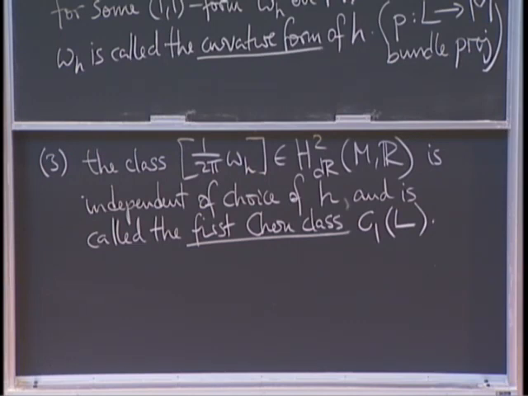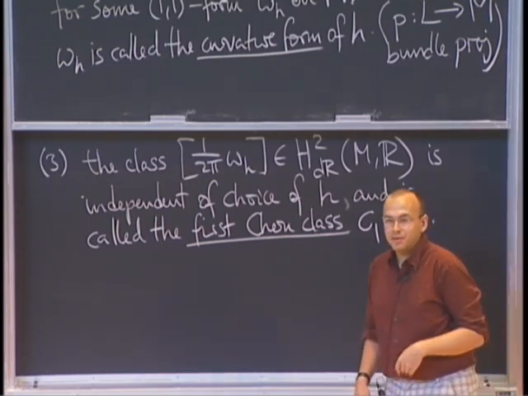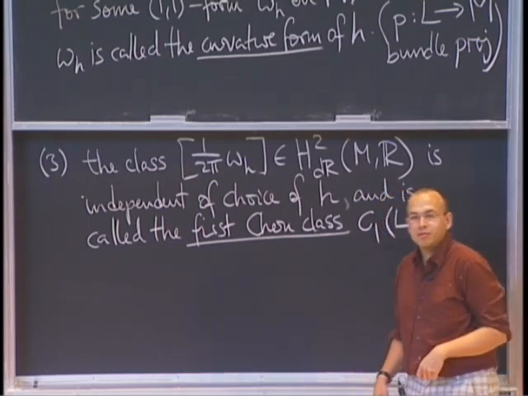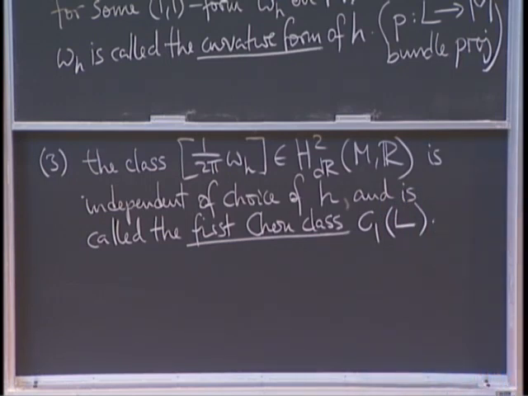There's no second Chern class for line bundles anyway. You can define Chern classes for complex vector bundles of higher rank, and then there are higher Chern classes as well. But for line bundles, it stops there.